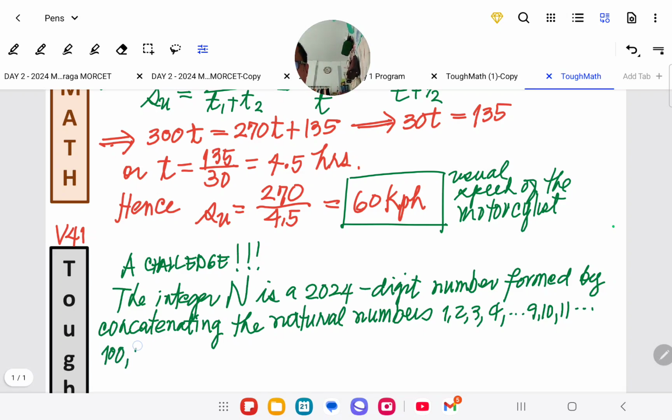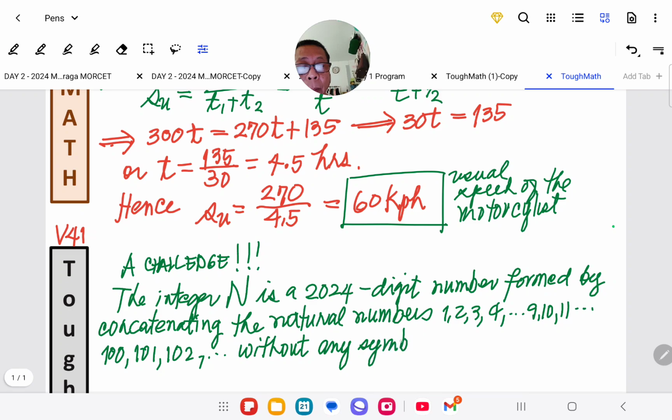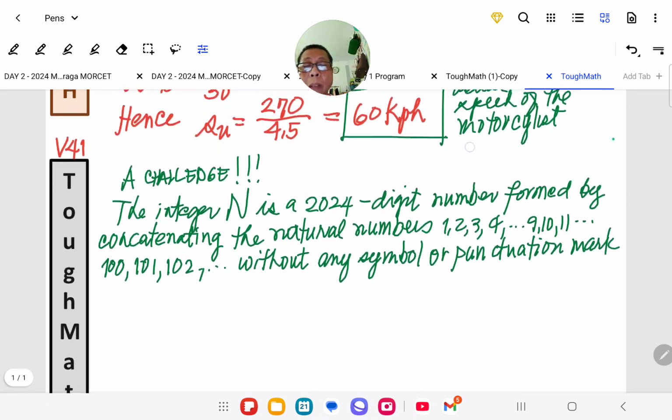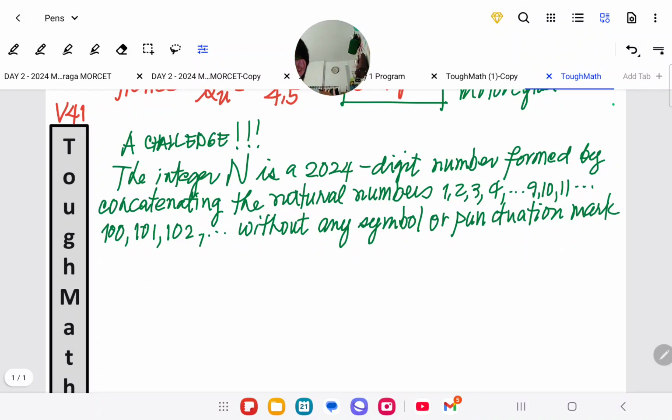We have 100, 101, 102, without any symbol or punctuation mark separating them.